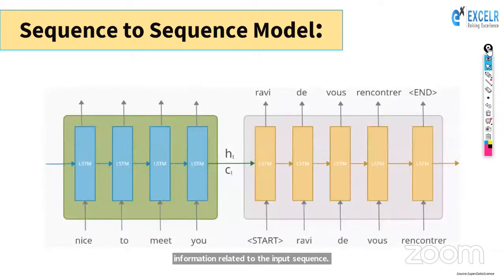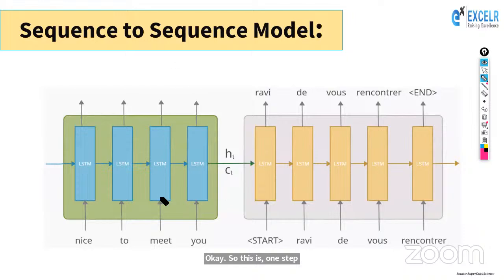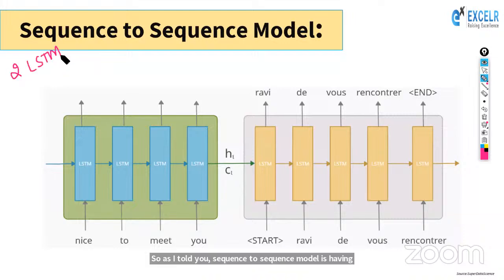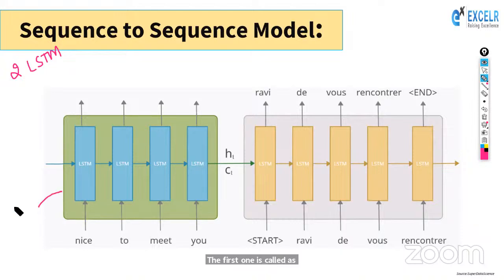So this is a one-step deeper architecture of the sequence to sequence model. As I told you, the sequence to sequence model has two LSTM architectures. The first one is called the encoder, which is this green box you are seeing. The second box you are seeing is the decoder.